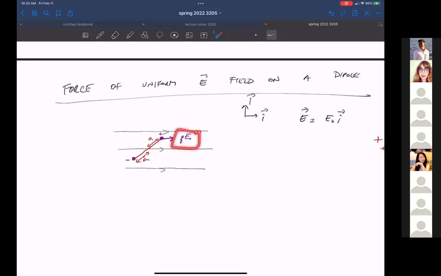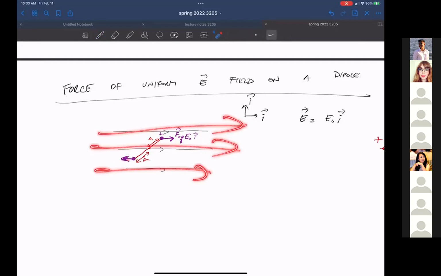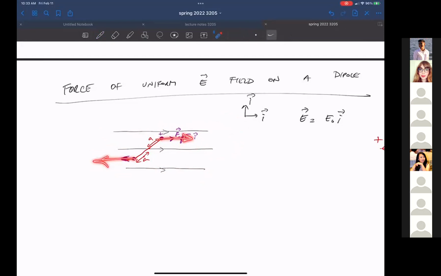So the force is qE0 times i. And this bottom side of the stick would get pulled in the other direction. The electric field is constant for everybody, but because this is a positive charge, that constant electric field is pushing this one out and this one in that direction. So this one is getting a force of minus qE0 i.